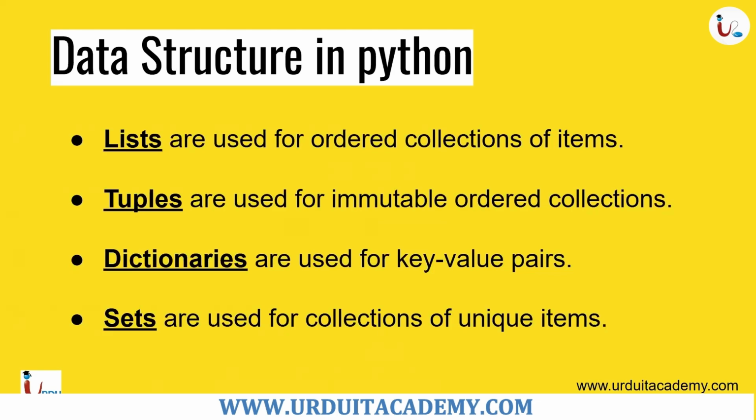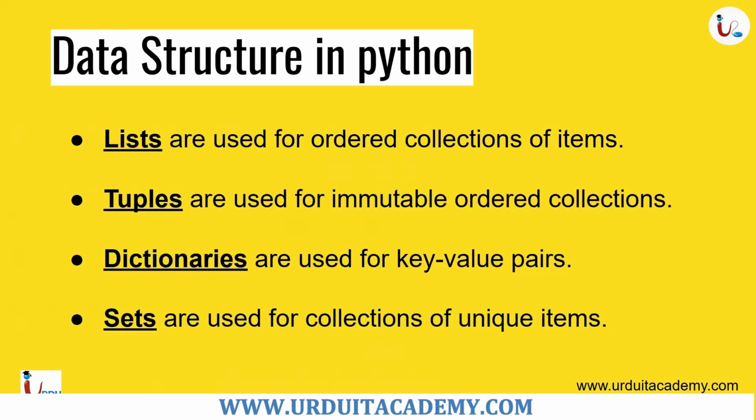The tuple, on the other hand, is similar to a list, but it is immutable. We cannot change a tuple once it has been created. Tuples are defined using parentheses. The third one is dictionaries. Dictionaries are unordered collections of key-value pairs.